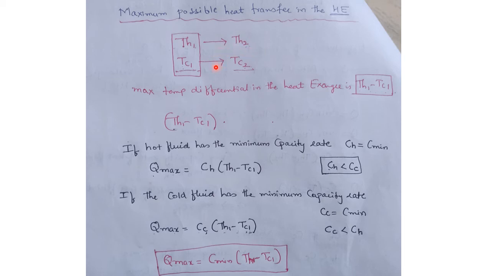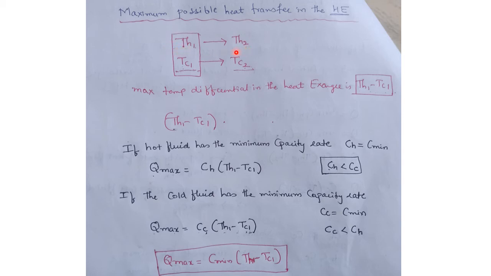At the same time, the cold fluid is heated from the temperature TC1 to TC2, because it is extracting heat from the hot fluid. So definitely the temperature of the cold fluid increases from TC1 to TC2, whereas the temperature of the hot fluid decreases from TH1 to TH2.